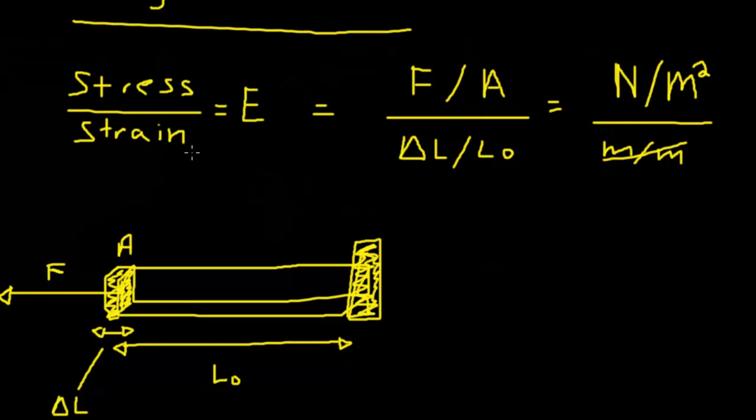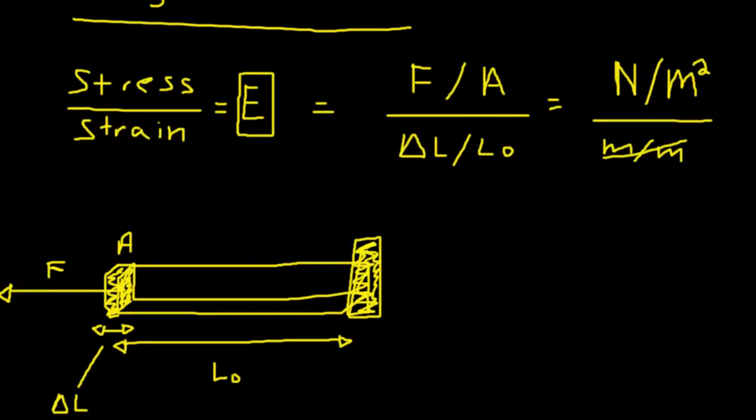That means that E, this elastic modulus, is measured in newtons per meter squared, because the strain is unitless. So you'll have a number, because it's a ratio of two lengths, and it has no units.